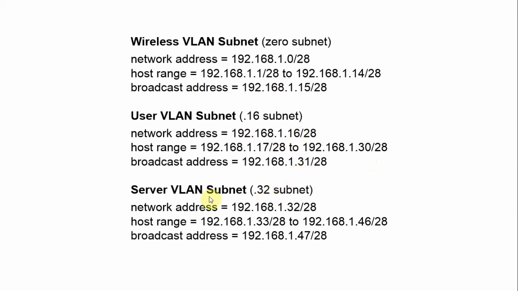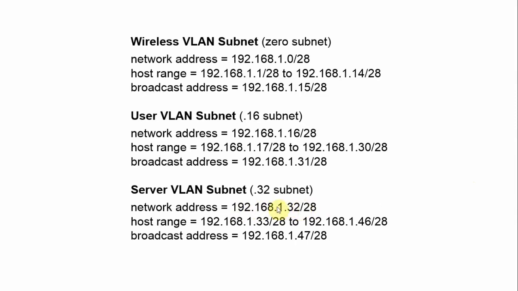And that'll be assigned to the server VLAN. And starts at 32 as the network address. So in functional terms, 192.168.1.32 is a network address. So it does the same thing. If it was a default class C address with a /24, that's a network address. This is as well.